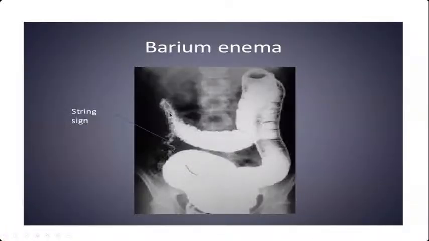You see the barium here. The barium is filling the gut, but here the cecum is so narrow that there is only a trickle of the barium enema, so it appears as a string. See that? I hope you can appreciate it better. Does that answer your question?